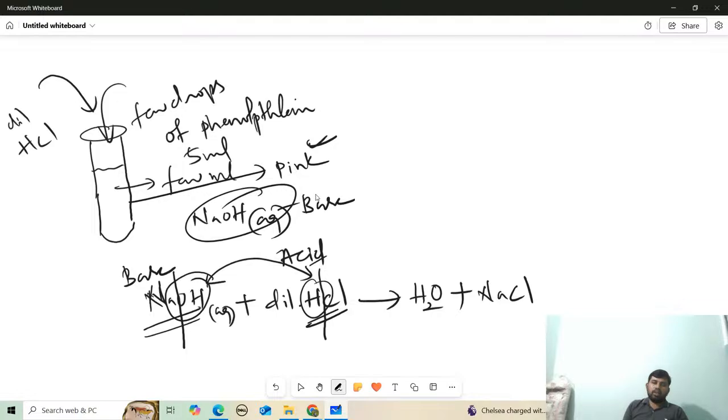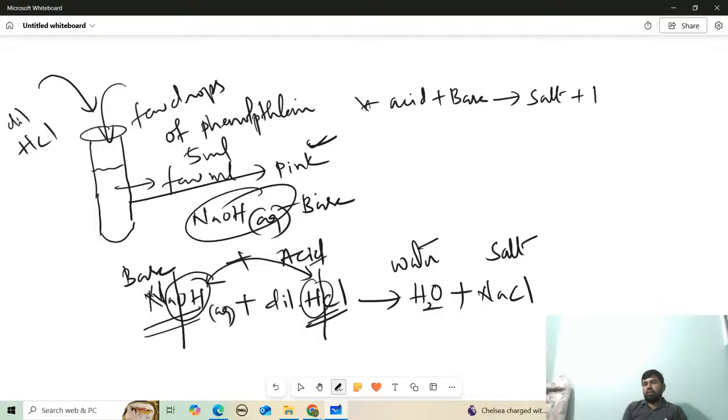This is water, and this is a salt. So acid plus base gives salt and water.